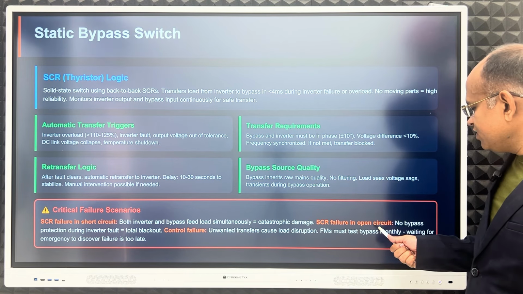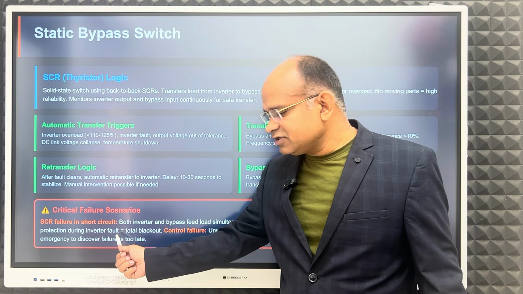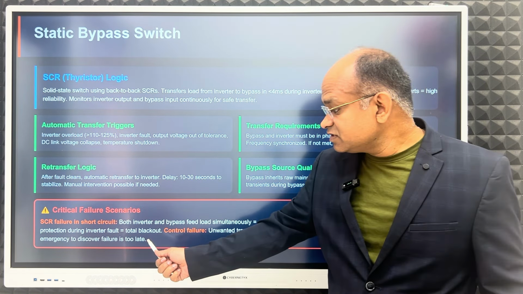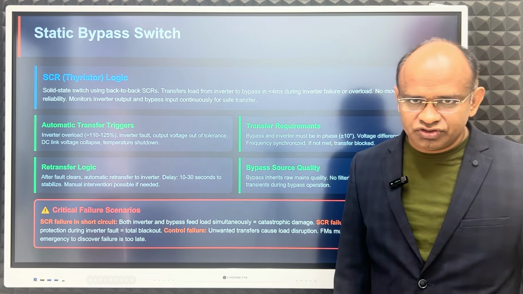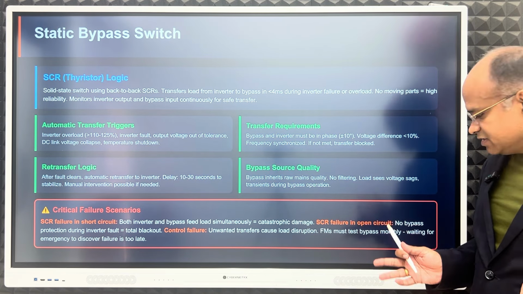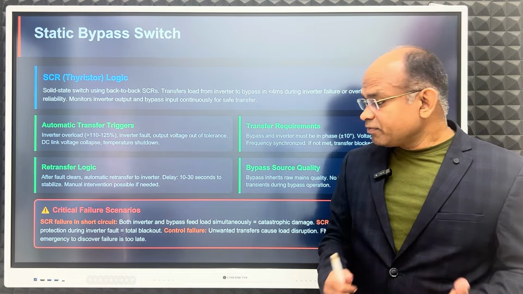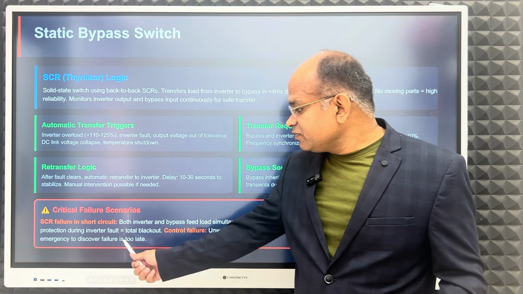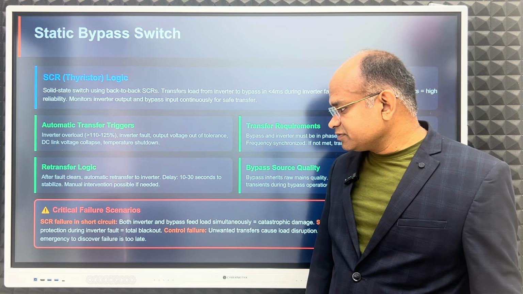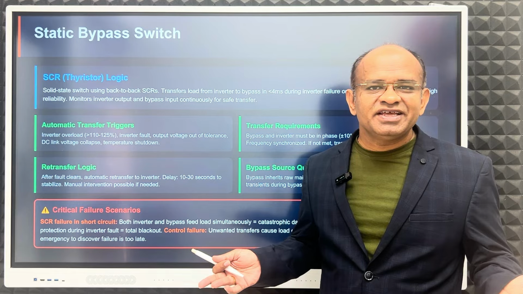Then SCR failure in open circuit: no bypass protection during inverter fault, which means total blackout. So what will happen? Bypass will not be protected, and during an inverter fault there is a total blackout. If the inverter fails, bypass will not be there to support.